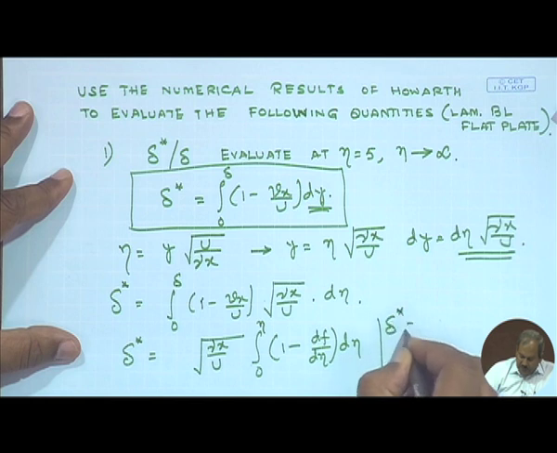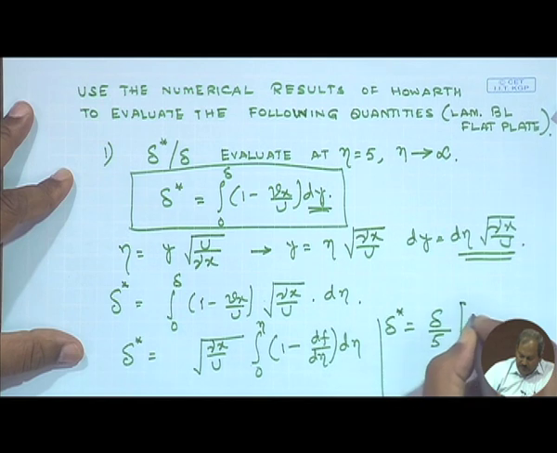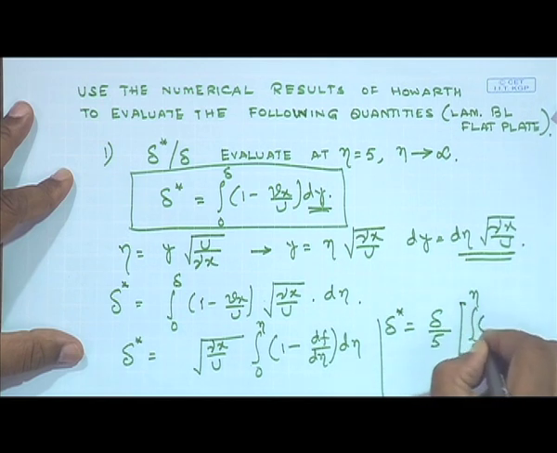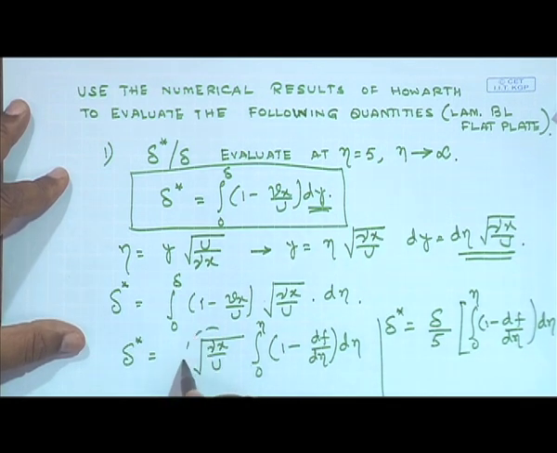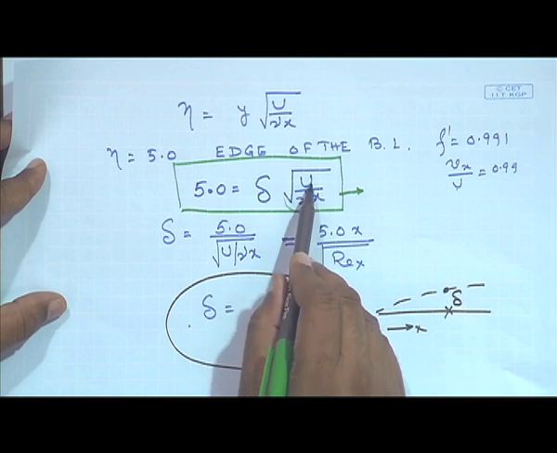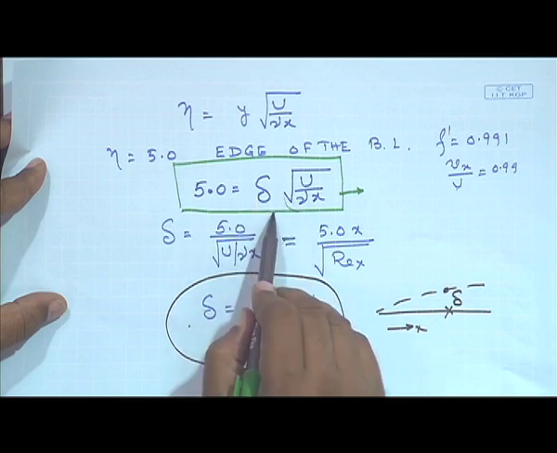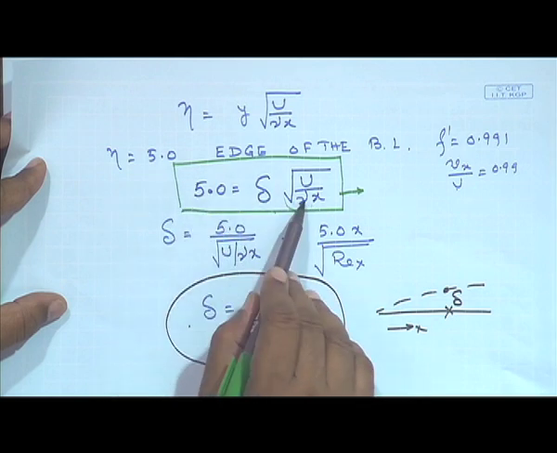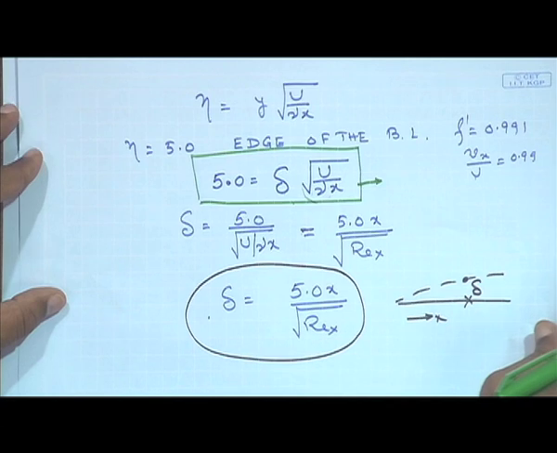So my delta star would simply be equal to delta by 5 times the integral from 0 to some value of eta of 1 minus df d eta times d eta. I will say it once again, this part is something that I am substituting from here: root nu x by u is simply equal to delta by 5, from whatever we have done previously.